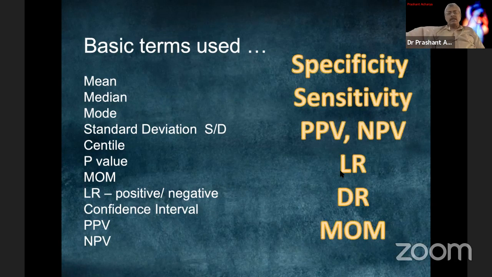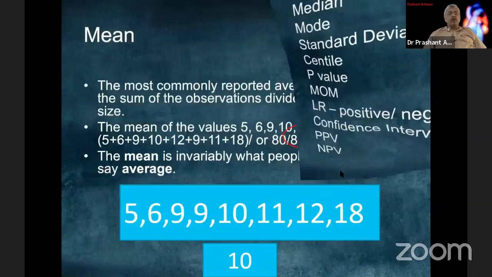If you want to understand aneuploidy: specificity, sensitivity, positive predictive value, negative predictive value, likelihood ratio, detection rate, and MOM, that is multiple of median. These basic terminologies, we need to understand what each of them gives you as information, and we need to understand all of them. So let us go for those things.